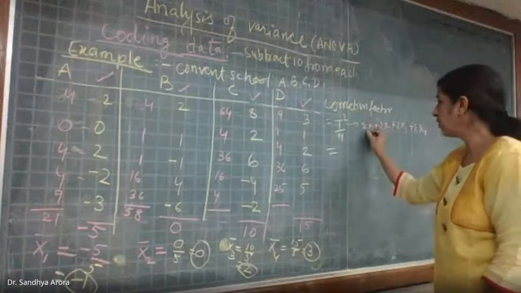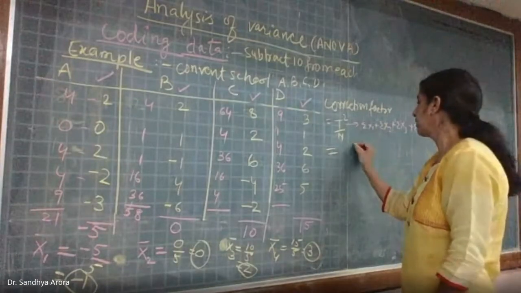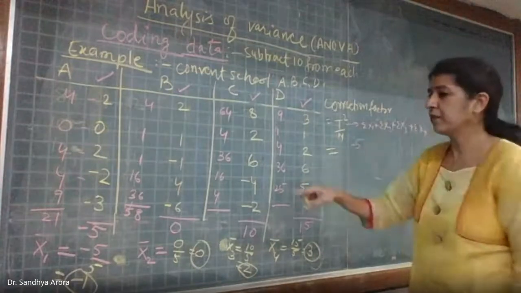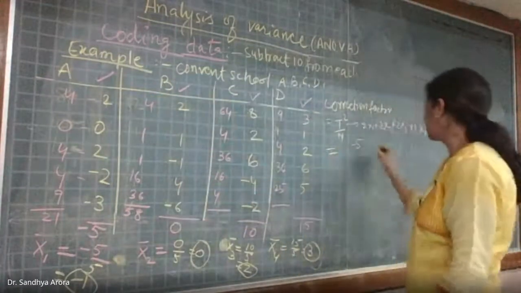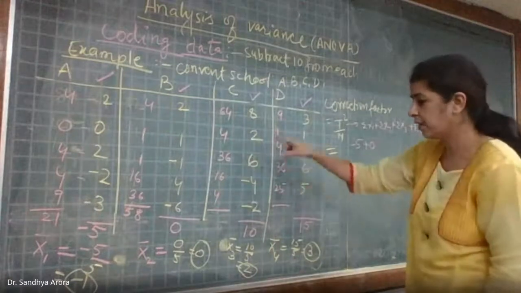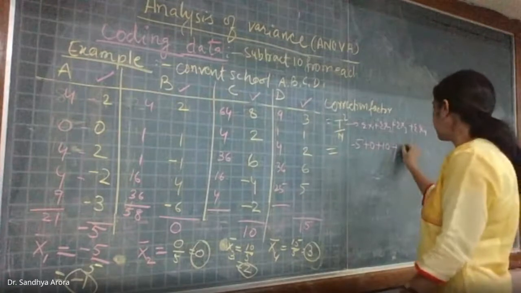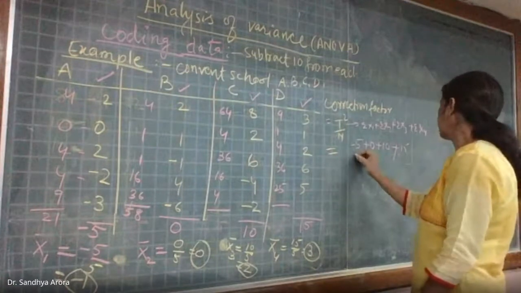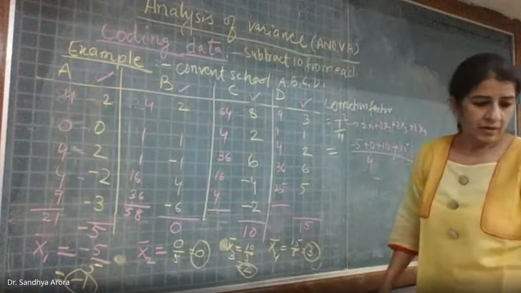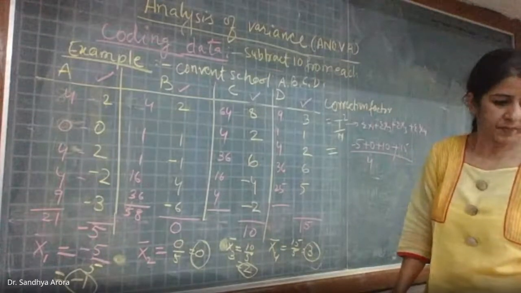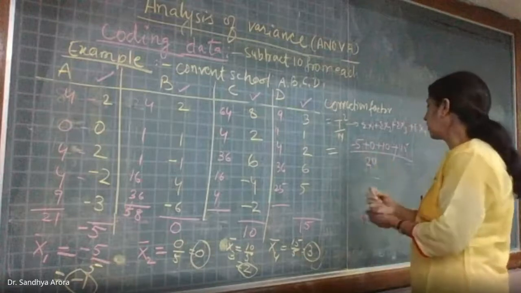So what is the value of sum of x1? -5. इन वैल्यूज का समेशन -5, इन वैल्यू का समेशन 0. -5 plus 0 plus 10 plus 15 कितना हुआ? नहीं, not n. n is not 4 actually. n is 20. कितना हुआ समेशन?